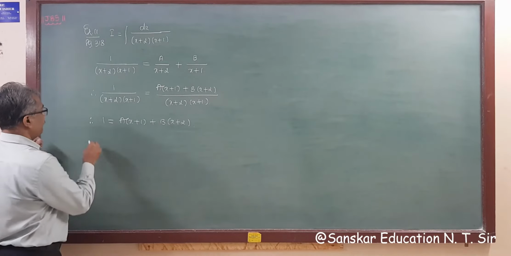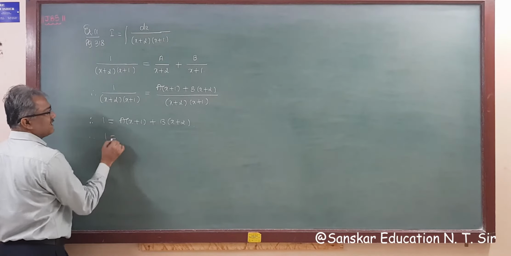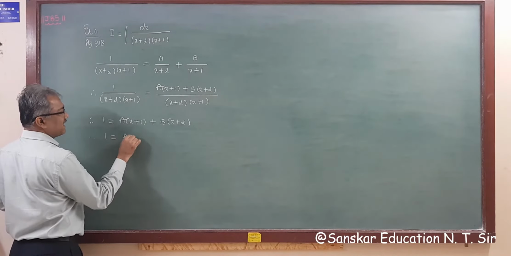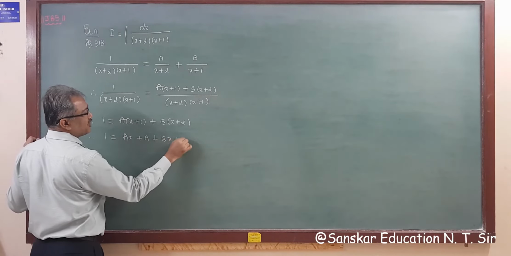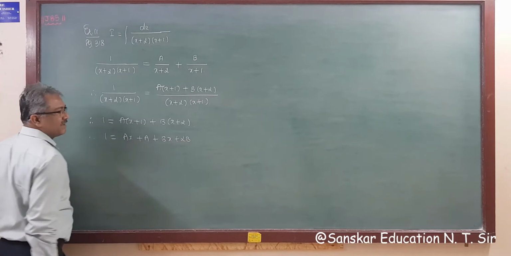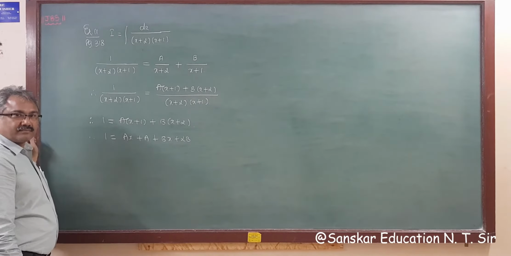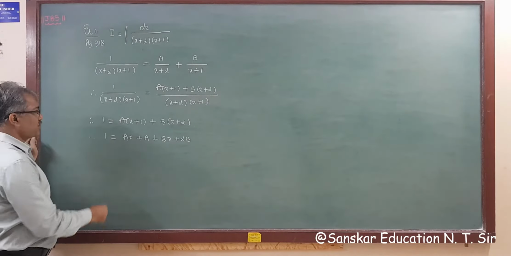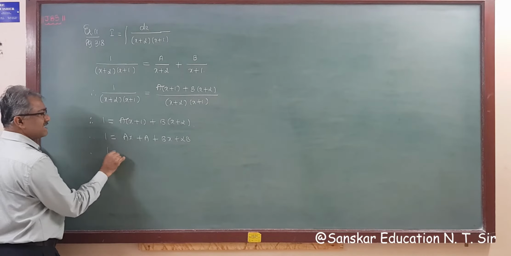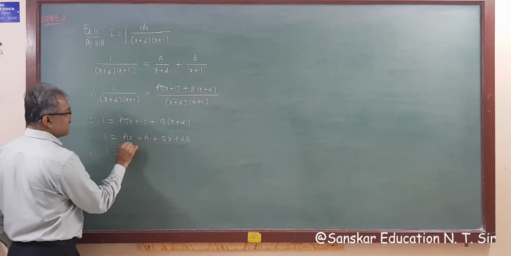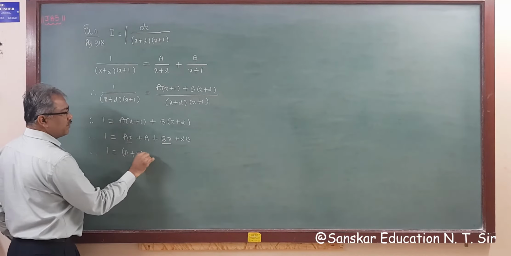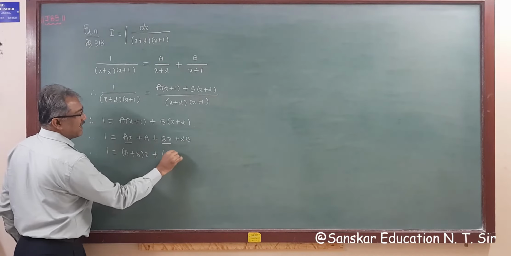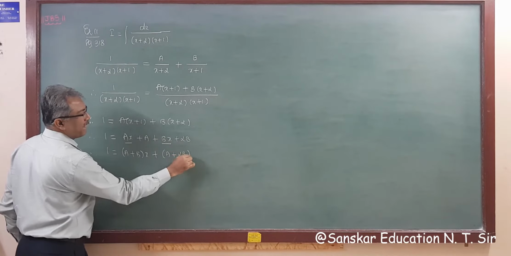Now expanding this, this is ax plus a plus bx plus twice b, right? So now 1 is equal to, taking x common, a plus b into x plus a plus twice b.